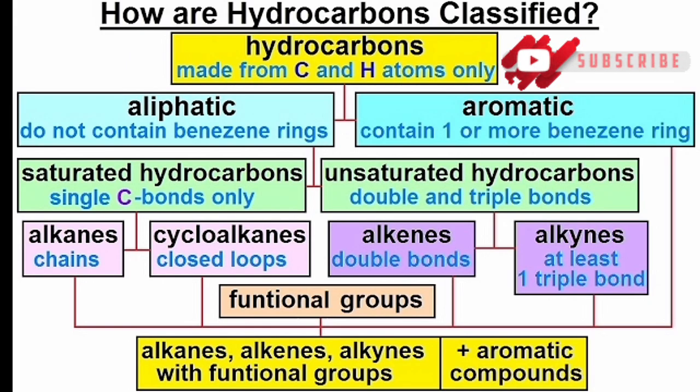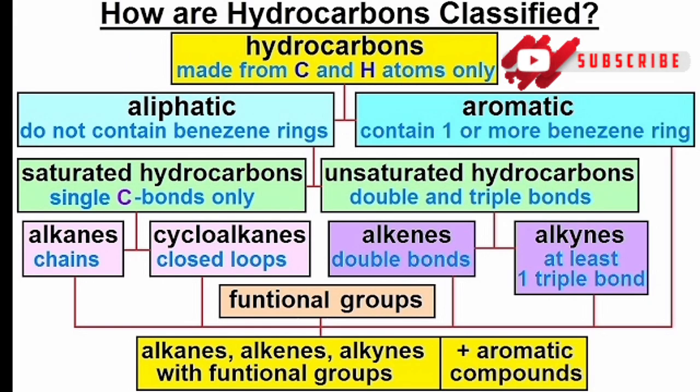Tetrahedral, tetra meaning 4, bonded to the hydrogen. So in the alkane family, one carbon atom is called meth. Because the first member of the alkanes has only one carbon atom, it's called methane. That's why you have the name methane.